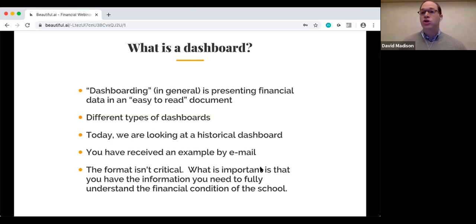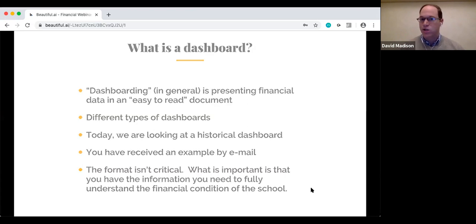I wanted to send you an example just so you have one, but don't feel like you have to use that. If it's helpful, fantastic, use it. If you want to create your own, by all means do. The important goal here is easy communication of financial information. You know your board, you know your finance committee, whatever is going to do that in the most succinct way is what you should do. We've provided just one example.